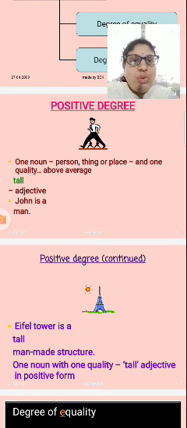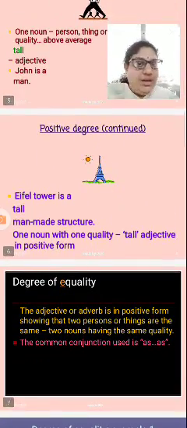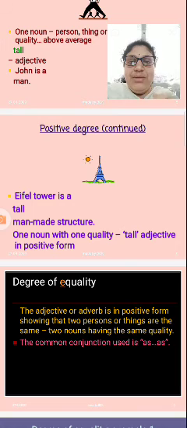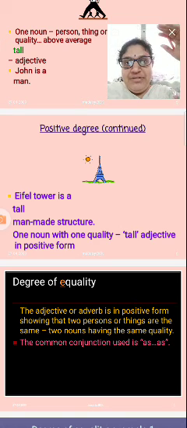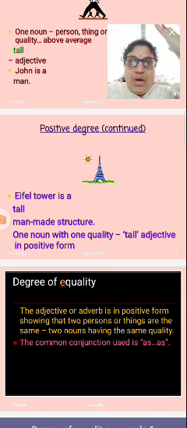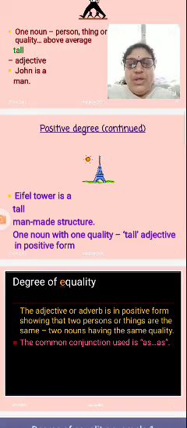Yes, one quality. So positive degree: the Eiffel Tower is a tall man-made structure. Here you are talking about the Eiffel Tower and its quality. The Eiffel Tower is tall.